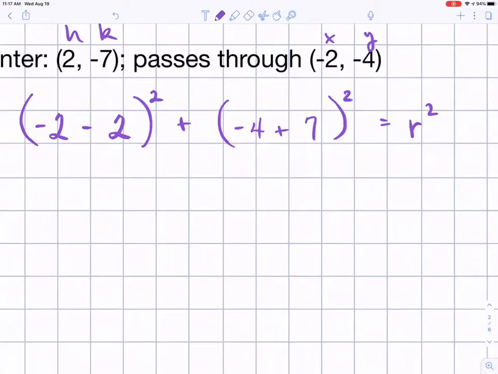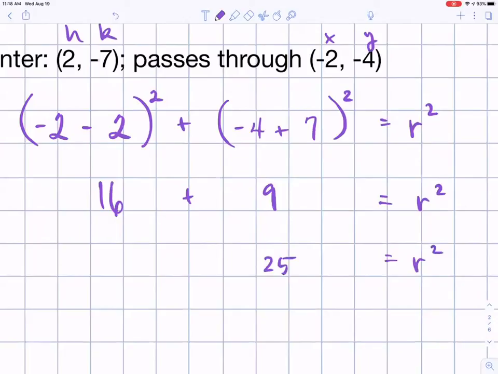All right, so what do you get for your first term? 16. What do you get for your second term? 9. Which is what? 25. What were the directions?